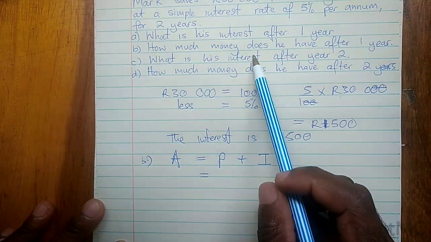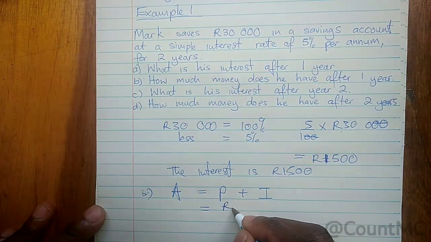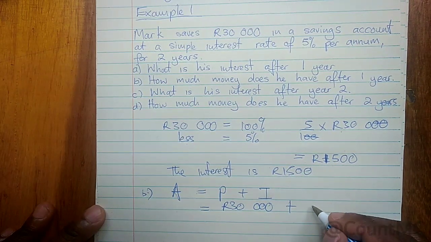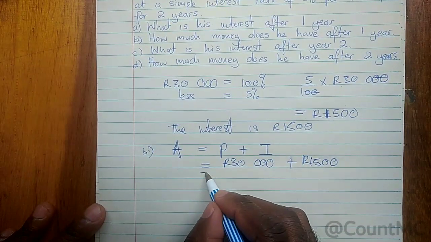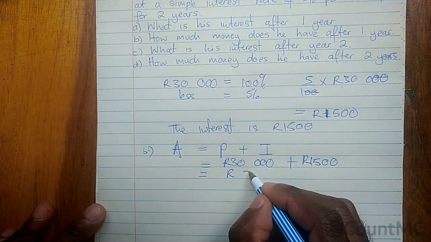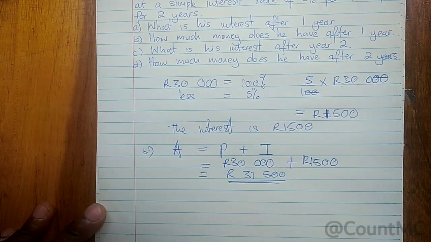He deposited 30,000 rands, plus the interest of 1,500 rands. So this is going to be 31,500 rands. After 1 year, he has 31,500 rands in his account.